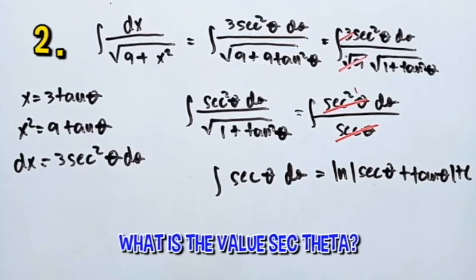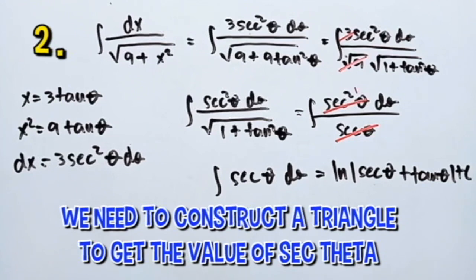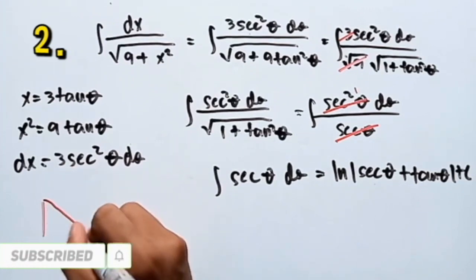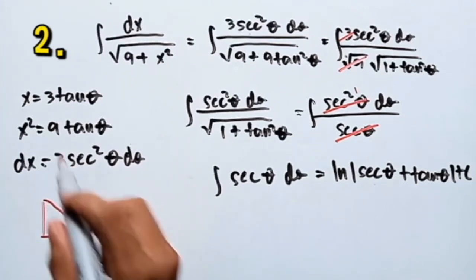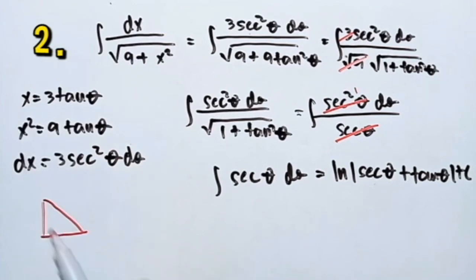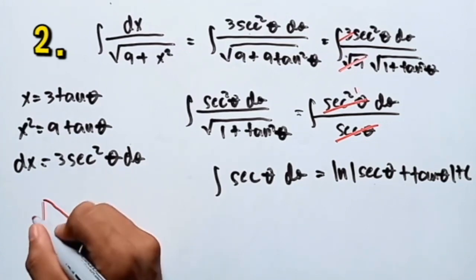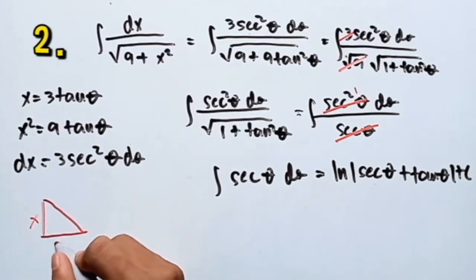Now what is the value of secant theta? Okay, we need to draw a triangle to get the value of secant theta. So in the triangle, since tan theta is equal to x over 3, which is opposite over adjacent, the opposite side is x and the adjacent side is 3.